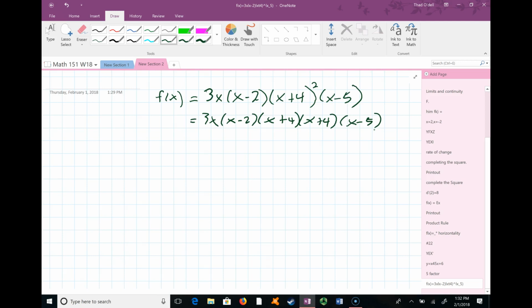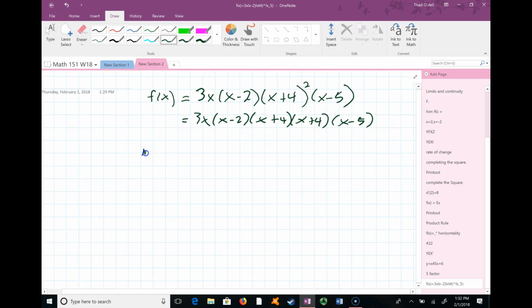In other words, if we were to write out the roots or the zeros, I keep using those words interchangeably because they are, the roots of this polynomial would be 0 because of that one, 2 because of that factor, and -4 because of that or that. I don't write -4 twice because there's not two different roots, they're the same root. And then 5 because of that factor.